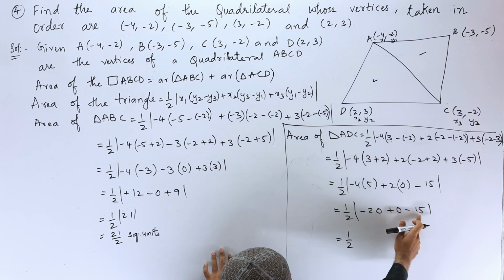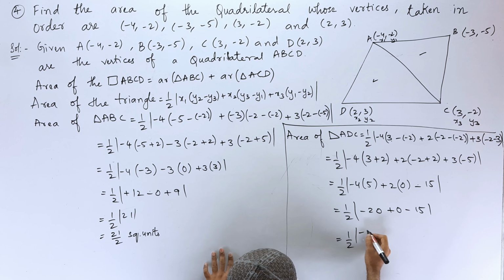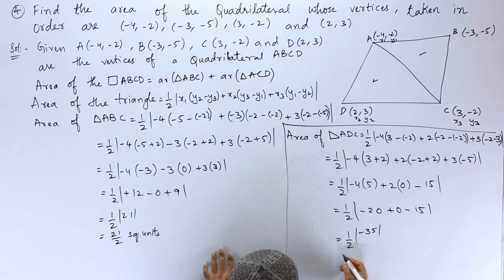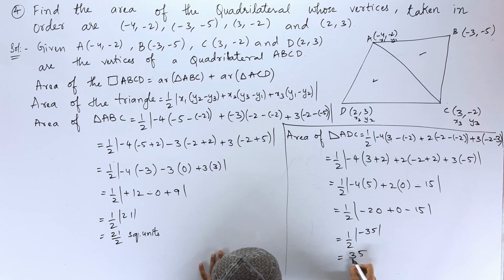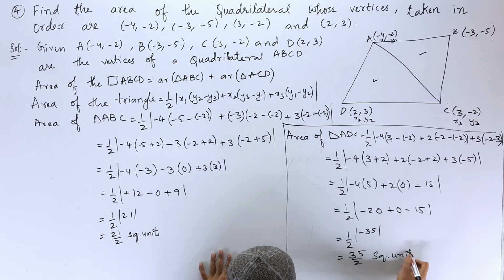Minus 20 minus 15, both are negative. That's why we add these, 35, and minus 35 inside the mod will become positive because of the mod. So 35 by 2 square units.